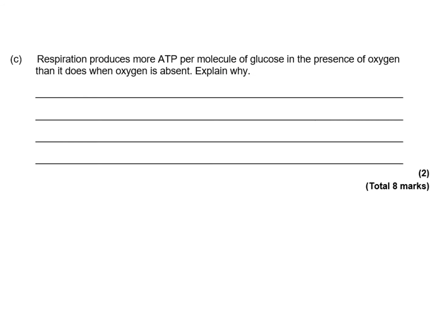Okay, respiration produces more ATP per molecule of glucose in the presence of oxygen than it does when oxygen is absent. So explain why. So obviously this question is about what happens to the oxygen inside the mitochondrion.